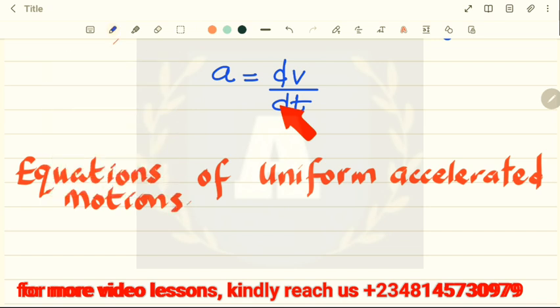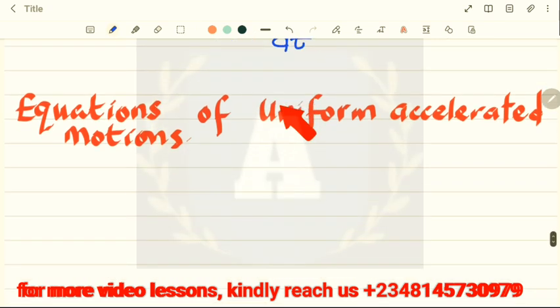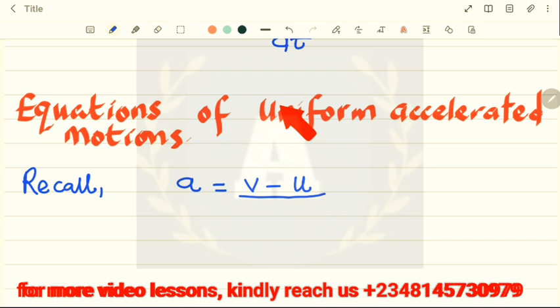If we want to derive some of the equations of uniform accelerated motion, we have to recall that acceleration is equal to change in velocity, which is the final minus the initial velocity, over time.